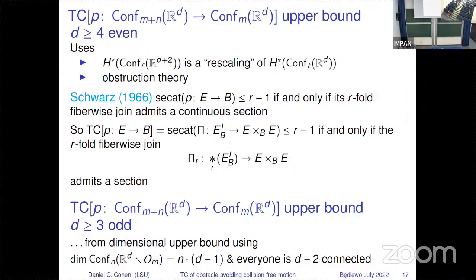So this parameterized topological complexity is at most r-1 if and only if the r-fold join that I wrote down in this section, this is actually fairly accessible given what we know about the cohomology rings and the underlying obstruction ring.